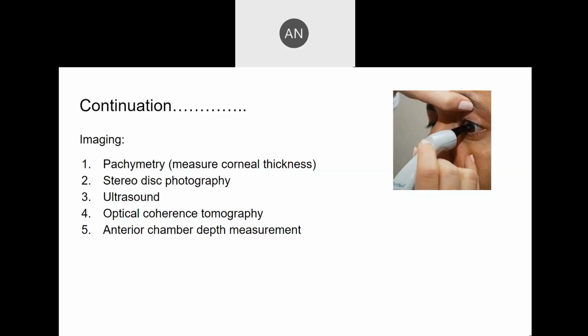Okay, to everyone, the most important investigation in glaucoma, when the lecturer asks, you say is a visual field. They definitely want to hear visual field. Visual field is an objective test. It is a functional test. That means glaucoma has a structural problem and a functional problem.